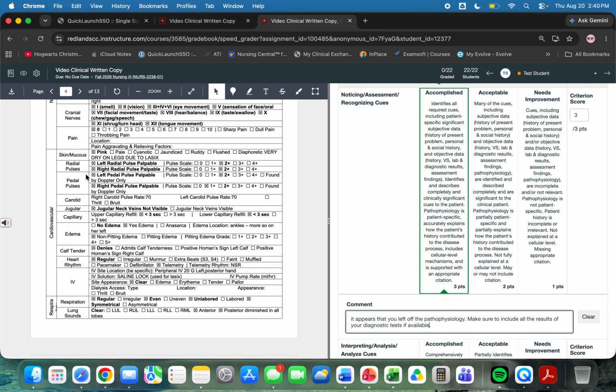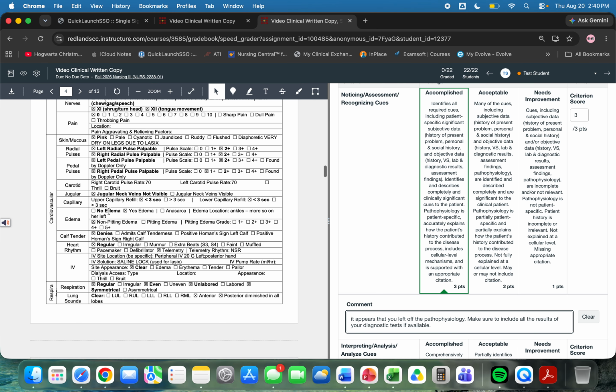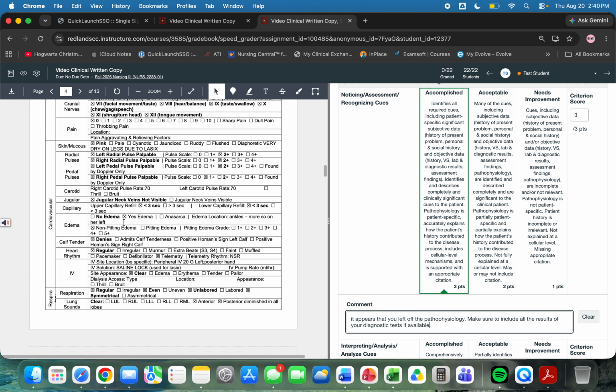Cardio wise, I have to remind myself to go back and look at, okay, this patient came in for CHF exacerbation, so I obviously don't expect to see a normal cardio or respiratory assessment on this person, especially with an EF of 15%. So I'm going through here, and it does look like she's got some signs in the cardio section.